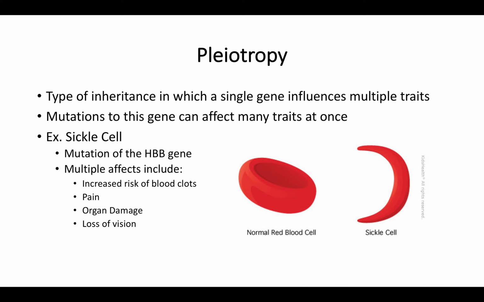Multiple effects of this include, first of all, the normal blood cells are mutated and take on the sickle cell shape. And this one gene causes a huge amount of damage because it causes an increased risk of blood clots, pain, organ damage, loss of vision, shortened lifespan, among other things. So that's pleiotropy, where you have a single gene, but it influences multiple traits.